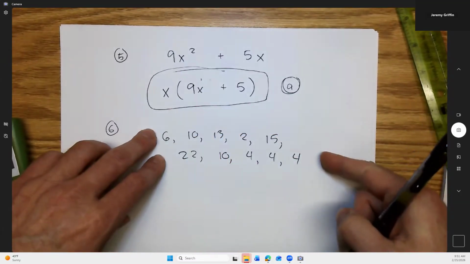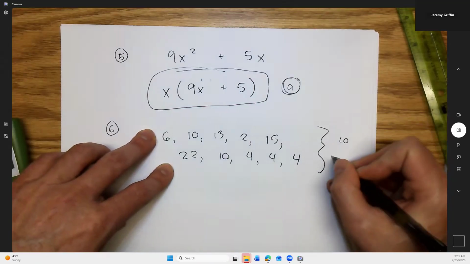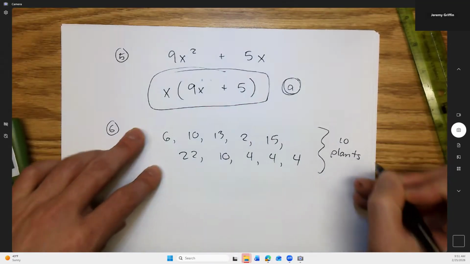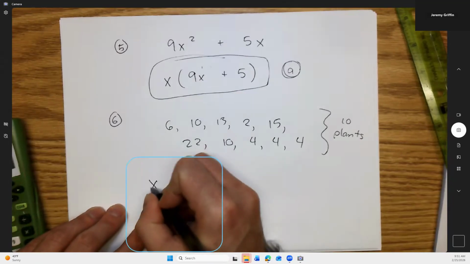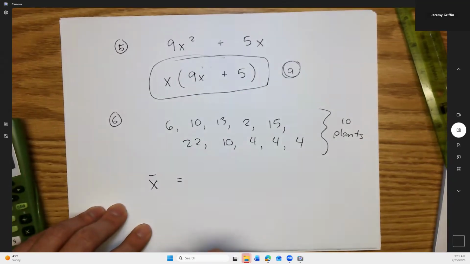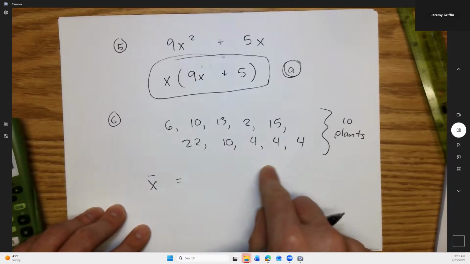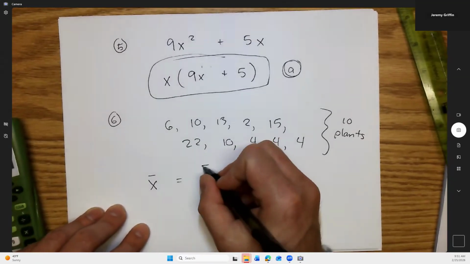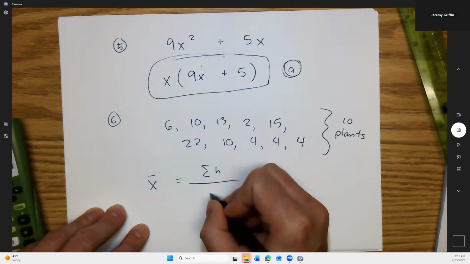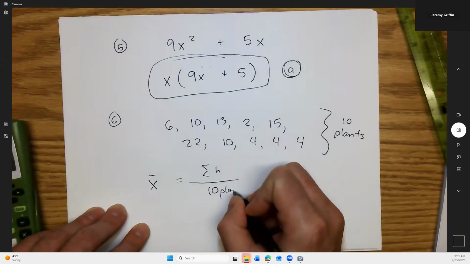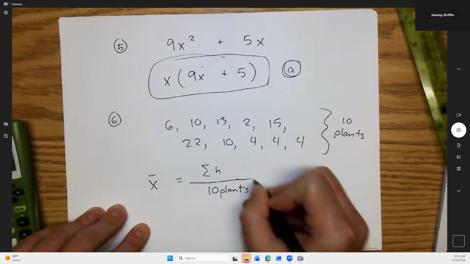Guys, is that 10 plants? Right. How do you find mean? Do you add up all the numbers and divide by the number in the set? So it's the sum of the heights divided by, in this case, 10 plants. And we'll get the average height per plant. That's what the mean is.